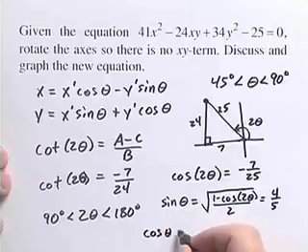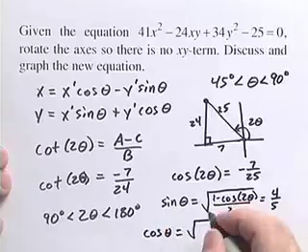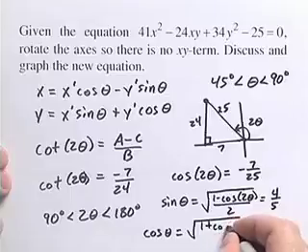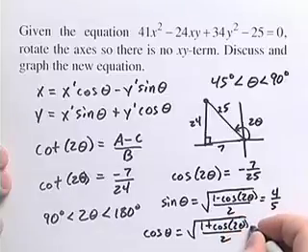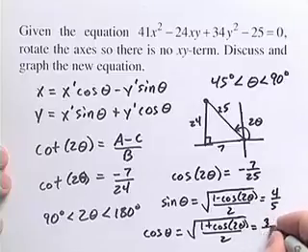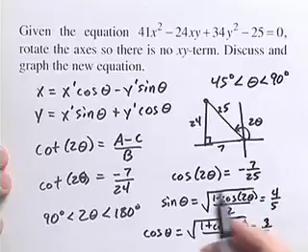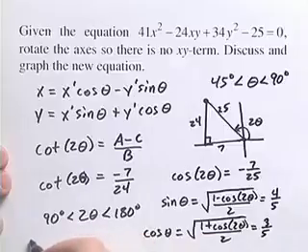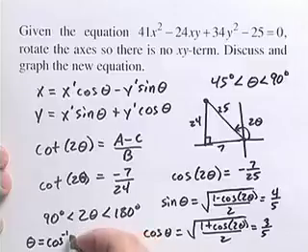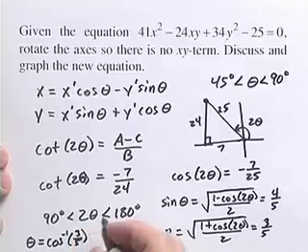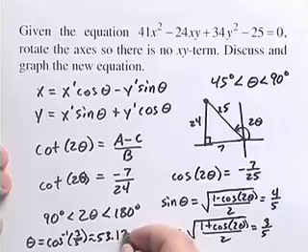The cosine of theta is equal to the square root of 1 plus cosine 2 theta, divided by 2, which is equal to 3/5. You can find out what theta is. Theta is equal to cosine inverse of 3/5, and that's going to be about 53.13 degrees. Now with these values, we can obtain our rotation formulas.